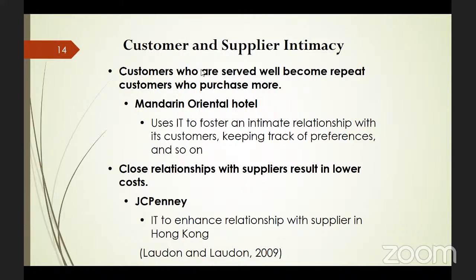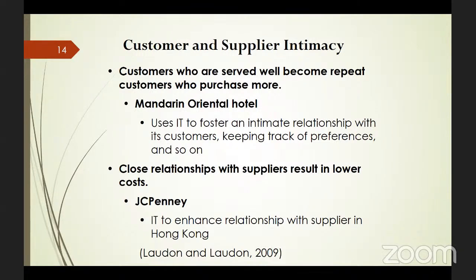Right. So another way in which information systems can benefit the business is through customer and supplier intimacy. This is obvious now: if a company records what the customer's preferences are, then they can continue to treat that customer well.